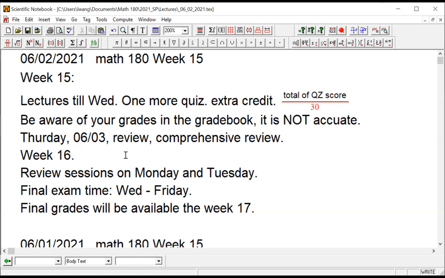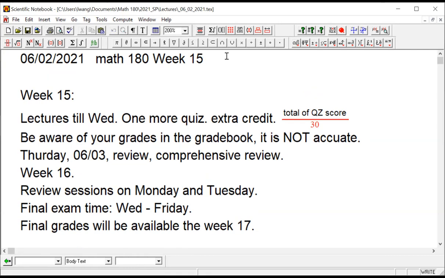You will have a last quiz this week. And that will be counted for extra credit. Okay, so yesterday we covered mathematical induction, and get your question ready, please.